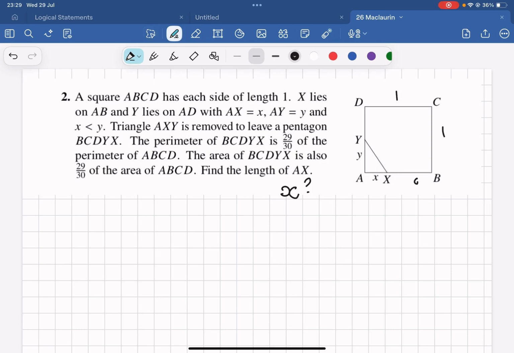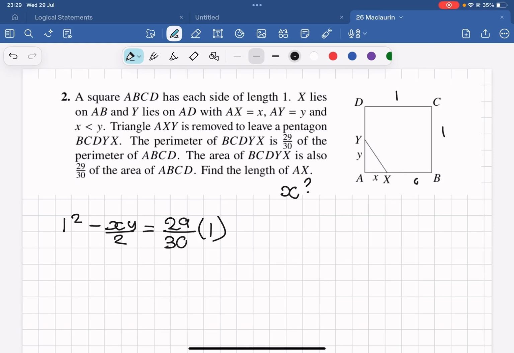So we've got the area of the pentagon, which is just the area of the square minus this little triangle here. So 1 squared minus xy over 2. And that equals 29 over 30 of the area of the square, which we just said was 1.